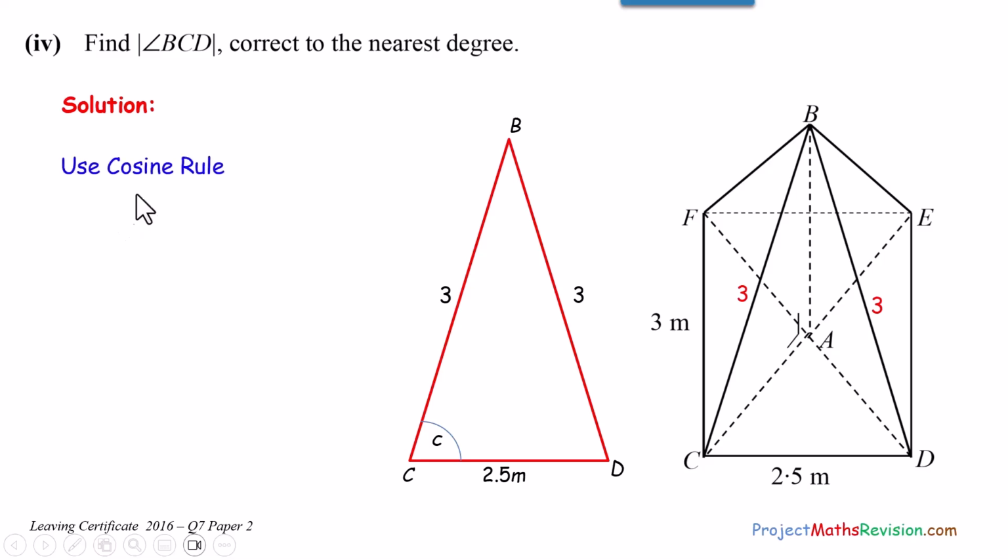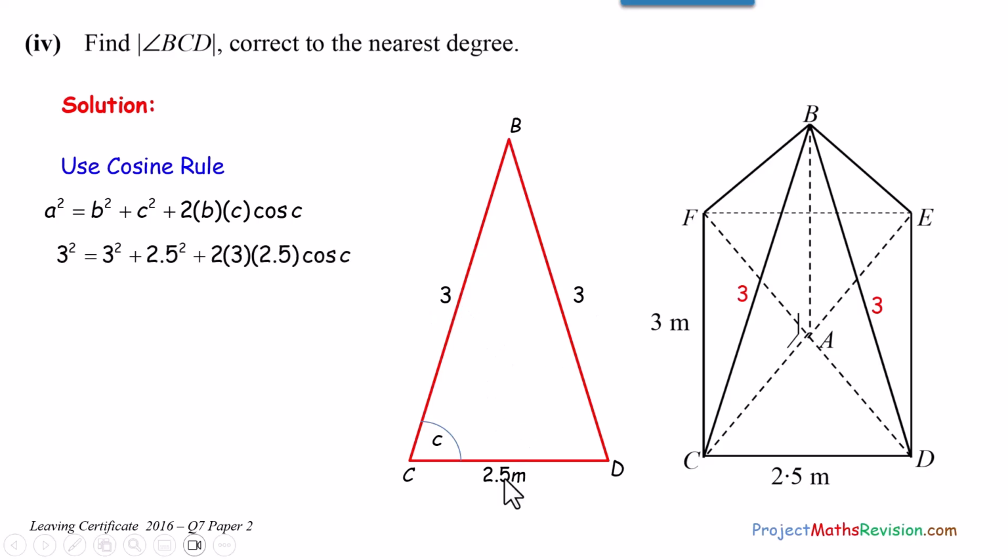Or you could use the cosine rule, which is what I've done here. And remember, for the cosine rule, you're interested in the angle and the side opposite. So we have the side opposite the angle, it's 3. So we can say the side opposite squared, 3 squared, is equal to the sum of the other 2 sides, b squared plus c squared, 3 squared plus 2.5 squared, minus twice 3 by 2.5 times the cos of the angle between them.